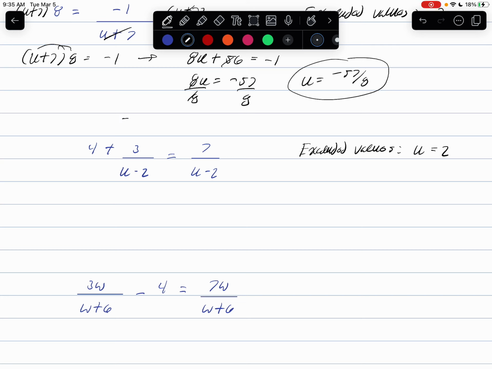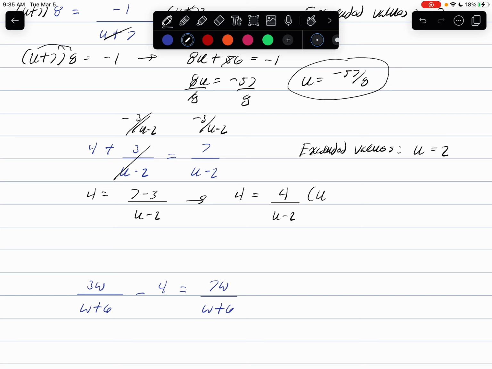So we can take 3 over u minus 2 away from both sides. So if we do that, then this will go away, and we have 4 is equal to 7 minus 3 over u minus 2, or 7 minus 3 is equal to 4. So we have 4 is equal to 4 over u minus 2.